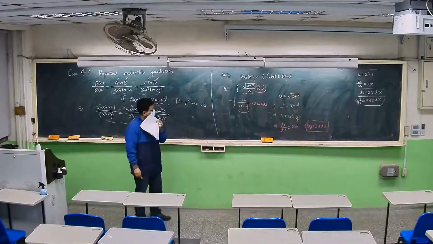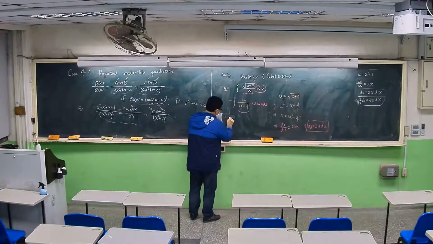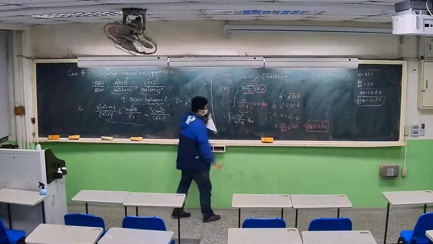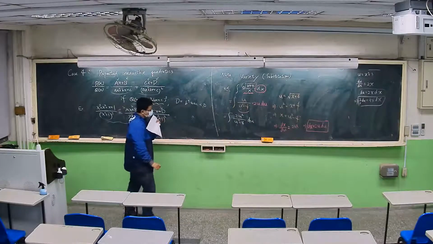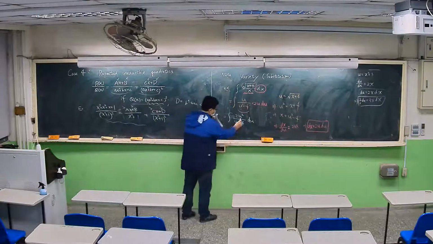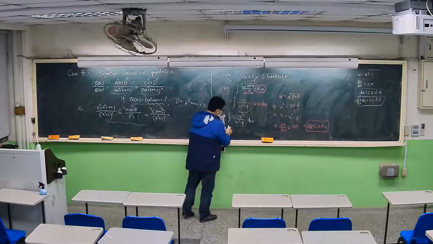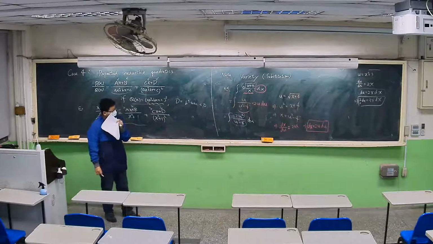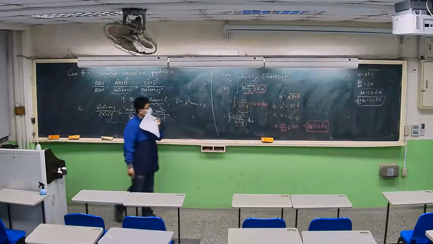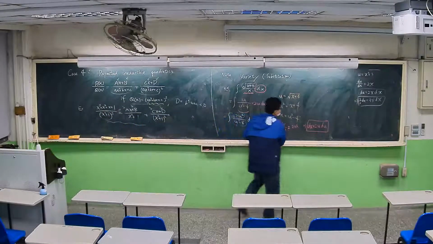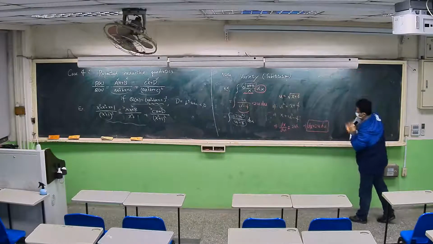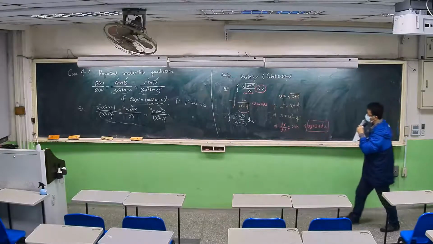Now you can see that it's 2u squared over u squared minus 4 du. So it becomes a fraction, I mean some polynomial over polynomial. Then you could solve it.